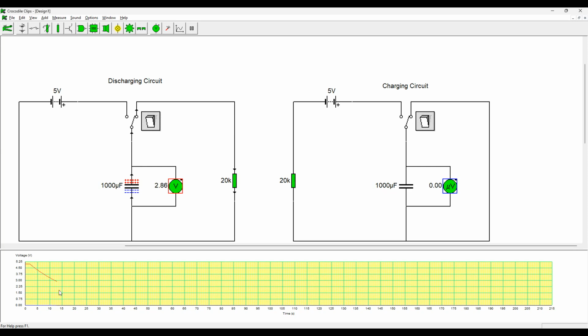You can see that we're getting the same curve as previously. As part of your investigations, you should be able to draw a discharge curve for a capacitor, usually voltage against time. And you should be able to get the exponential decay curve.